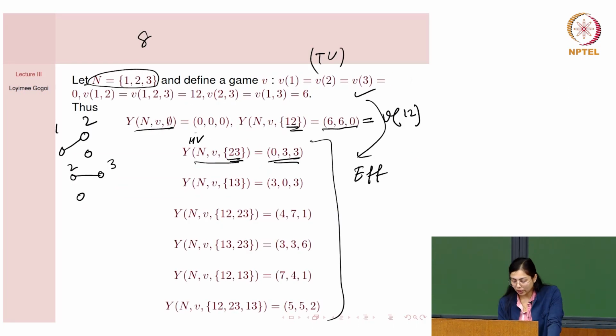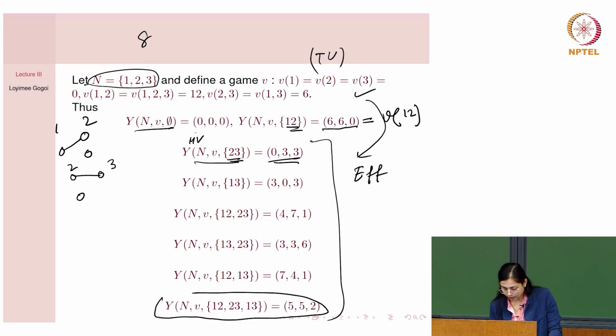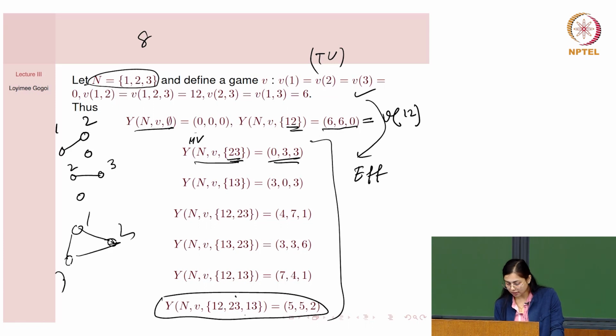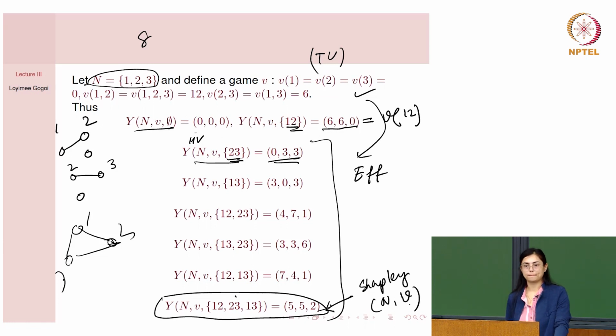Another thing I want to say, when we consider the complete graph as a communication situation, this is simply the Shapley value for that TU game. Only for the complete graph is it equal.